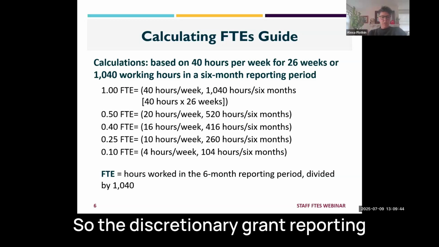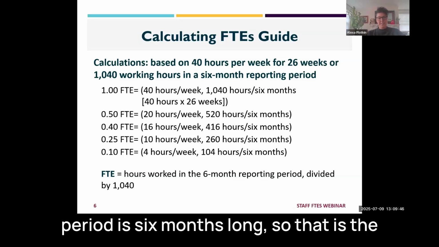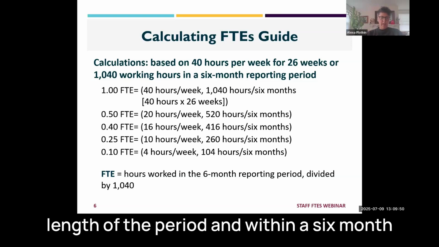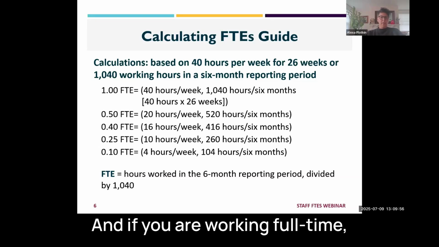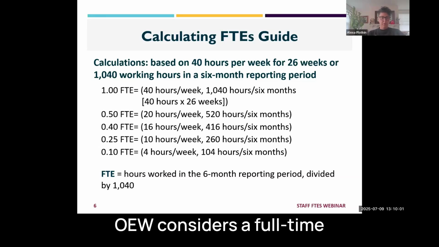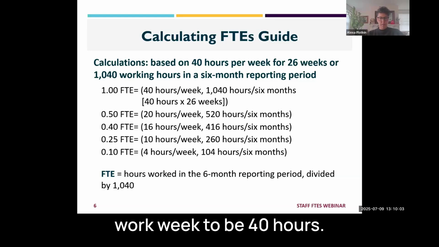So the discretionary grant reporting period is 6 months long. So that is the length of the period. And within a 6-month reporting period, we have 26 weeks. And if you are working full-time, OVW considers a full-time work week to be 40 hours.